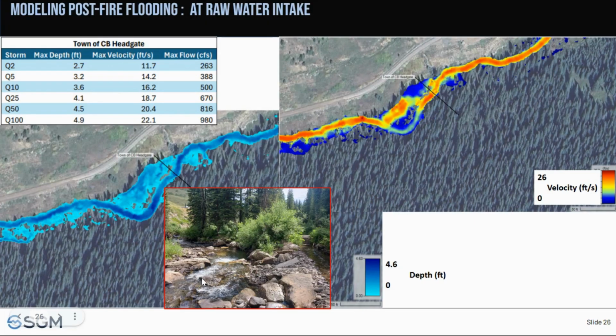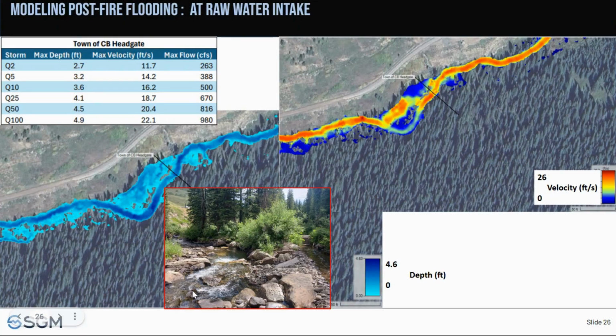And so this is obviously a huge area of concern, because if you burn your watershed and you generate sediment, what's going to happen to this area? And you can see, again, these maps are 2-year occurrence intervals. This one is a depth. And so 0 to 4.6 are levels. Here's their head gate.